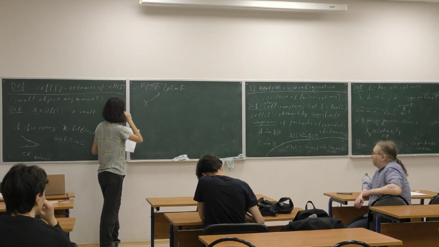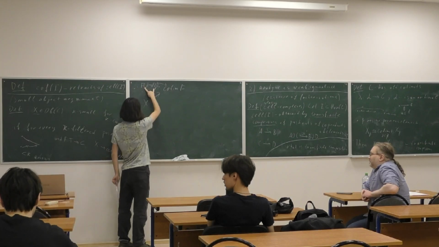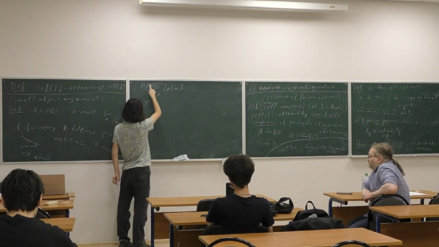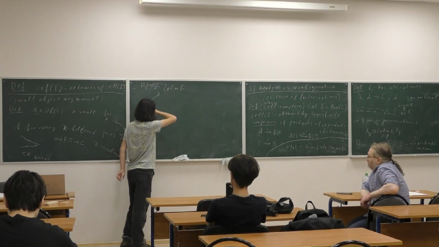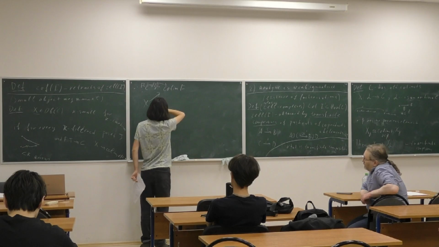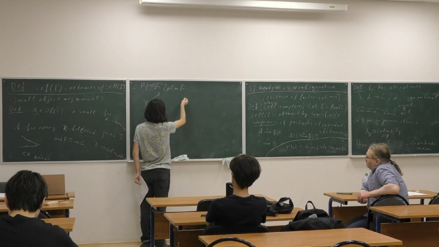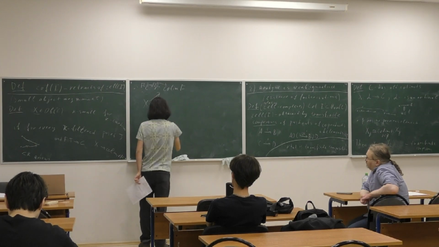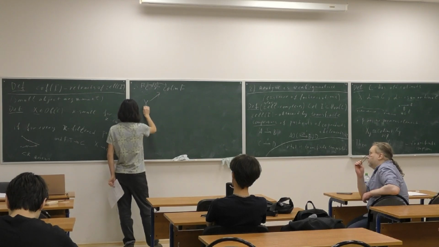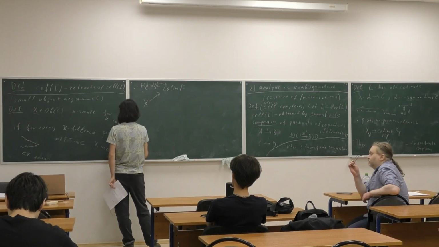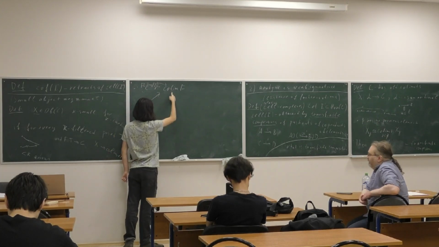So we have a diagram of the form J, f of J, and as our category has all colimits, we have a colimit of this diagram. And we have a map from our object that should be kappa small to this colimit.